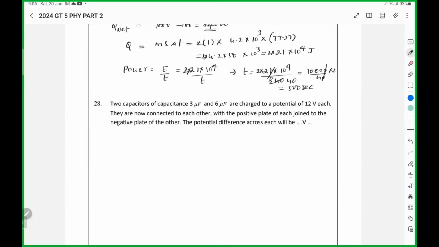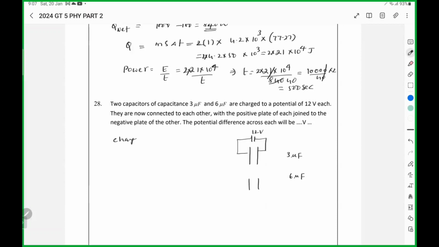There are two capacitors, 3 microfarad, 6 microfarad. They are charged to 12 volts.